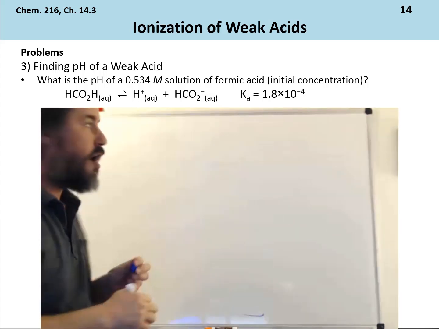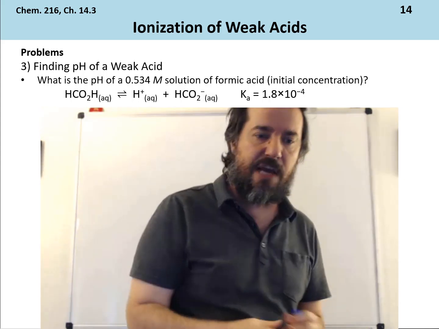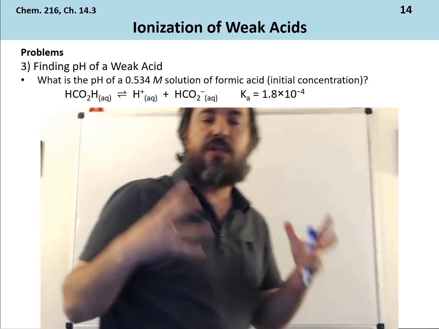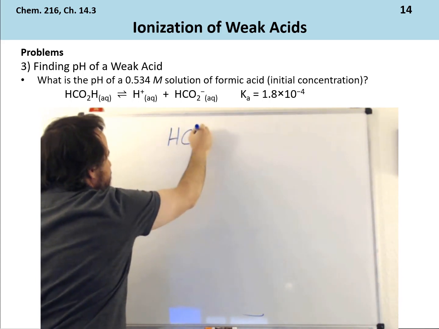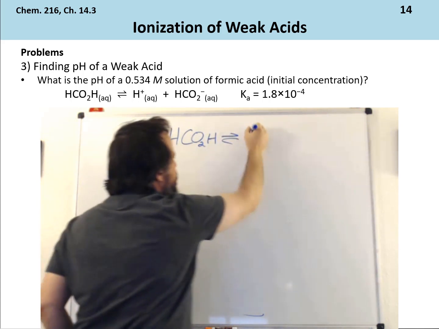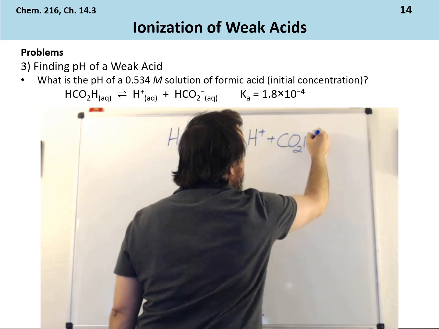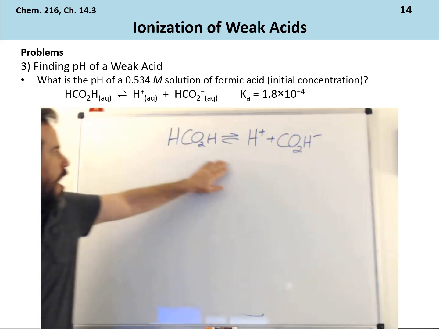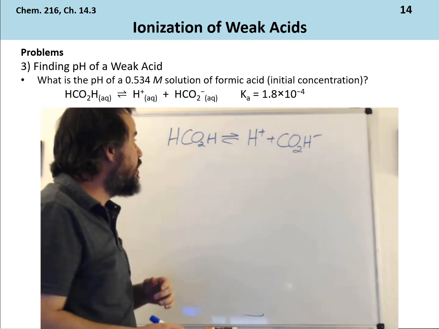All right, so the first thing we have to do, if we're told something's a weak acid, is write down its equation. Right? So it's HCO2H going to form H plus and CO2H minus. Okay? I took away this one. You could take away the other one. It doesn't matter.